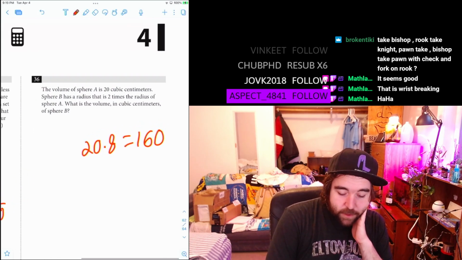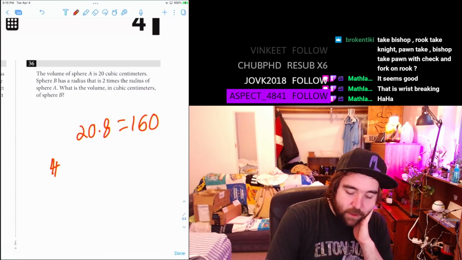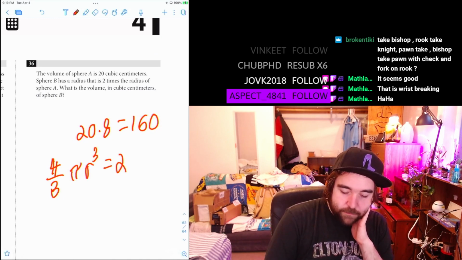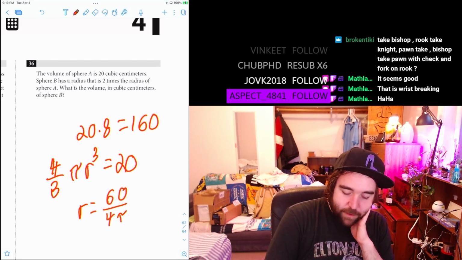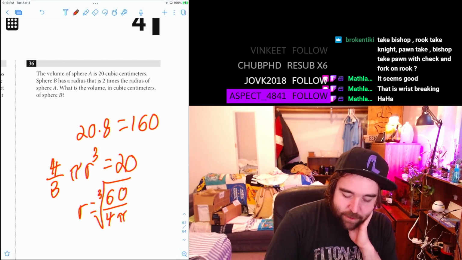So other people would be trying to be like, oh my god, what's the volume of a sphere? The volume of a sphere is 4/3 pi r cubed. So 4/3 pi r cubed equals 20, and then we try to solve for r. So we'd go r equals the cube root of 60 over 4 pi. And then we'd say, oh, well, the new radius is 2 times that.